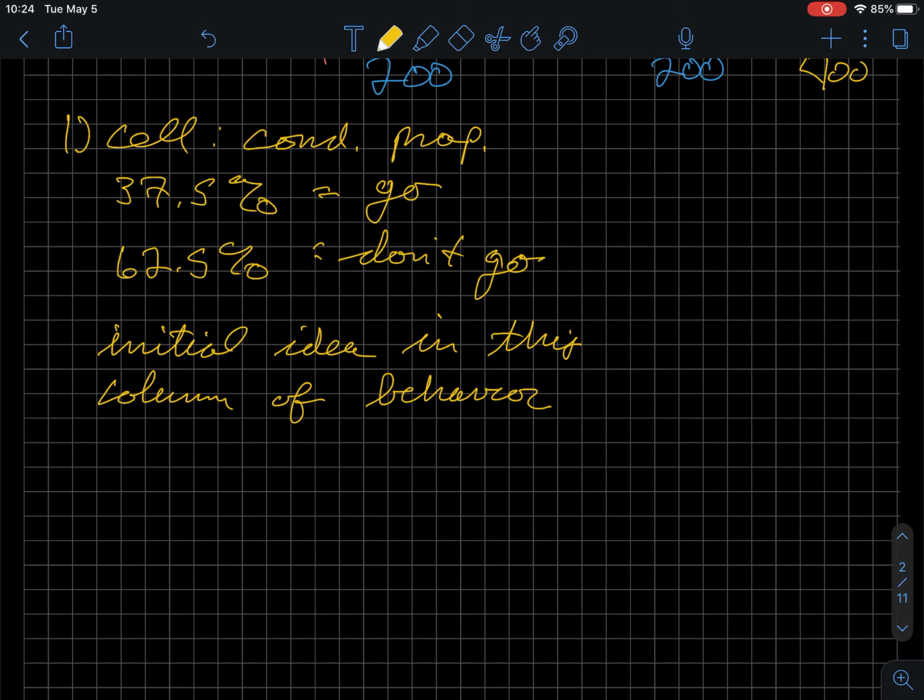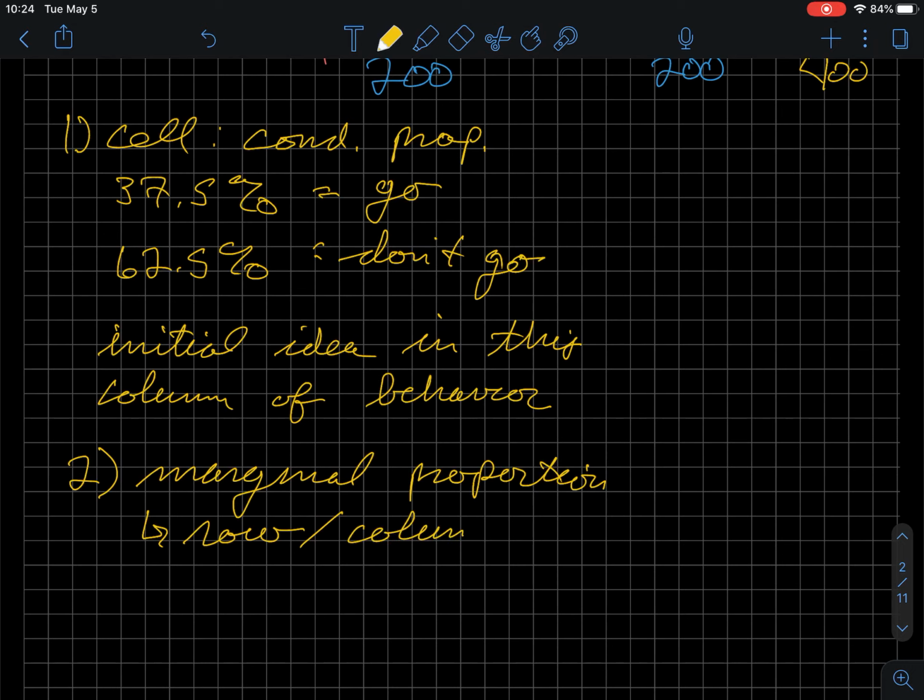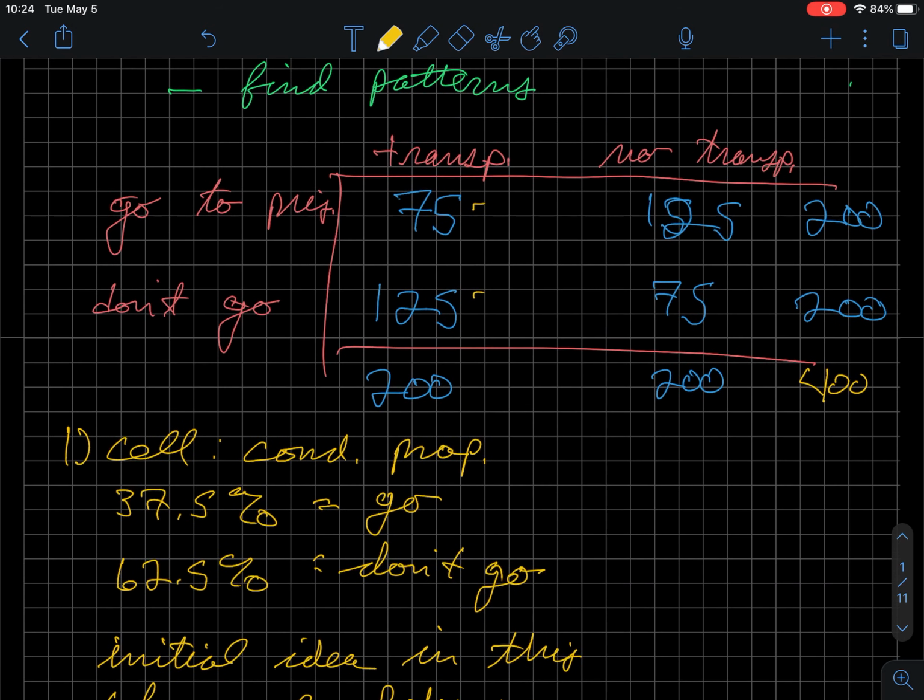So we also find, if we look at a marginal proportion, and this is going to be at the row or column amount, that 50% of people return. So what kind of conclusion would we make based off of these data?